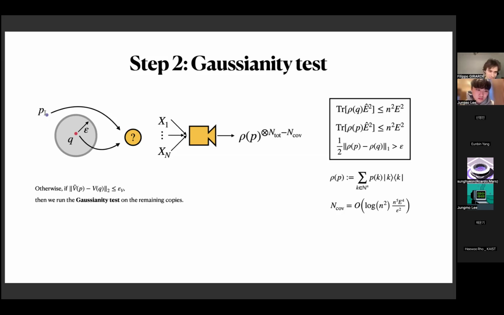So there might be some states which are epsilon far in trace distance, but for which the covariance matrices are still close according to this epsilon b.